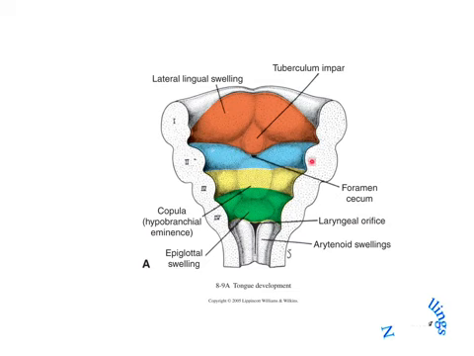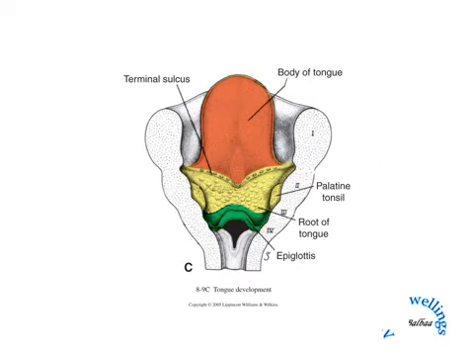However, the posterior 1/3 of the tongue will come from the second arch. So the junction between this and that will make a sulcus that will appear in the next slide, and the junction is called the foramen cecum. Here is how the tongue will develop later on, and the foramen cecum, which will appear between the anterior 2/3 and the posterior 1/3 of the tongue.